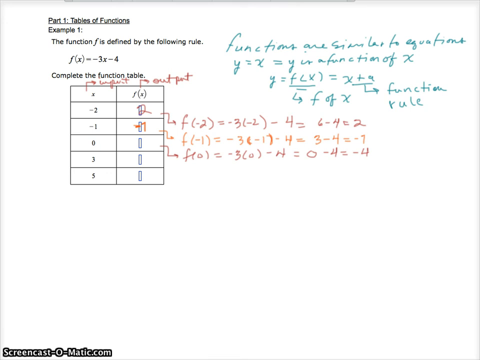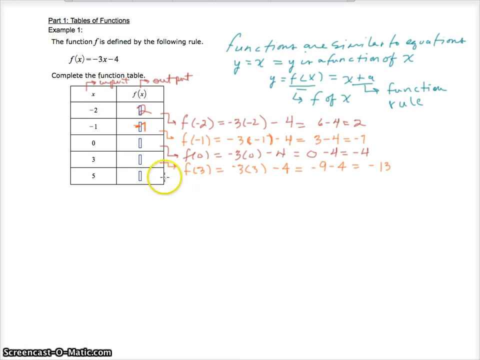And let's look at f of 3. We're going to have negative 3 times 3 minus 4. This gives me negative 3 times 3 is negative 9 minus 4. Negative and a minus is going to make my number bigger, so I'm going to end up with negative 13.